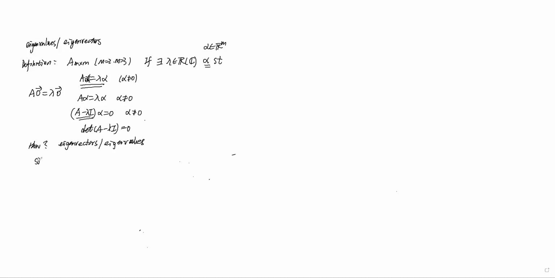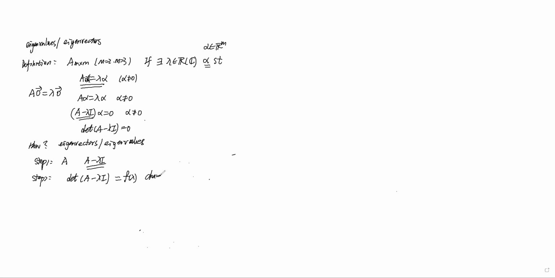So first step, by the previous analysis, of course you are given A, and then you compute A minus lambda I. So you get a new matrix. Okay, this is step 1. And step 2 is you compute the determinant of A minus lambda I by hand. So you get a polynomial.